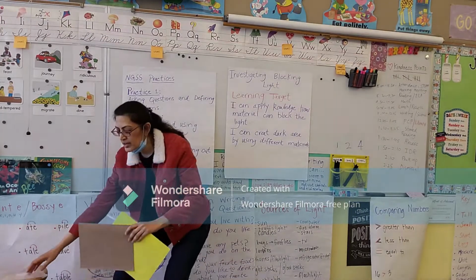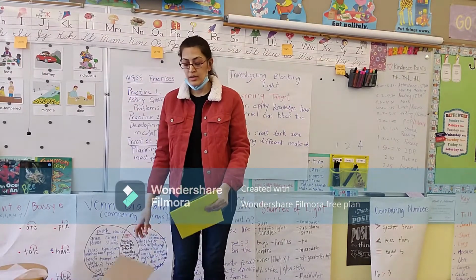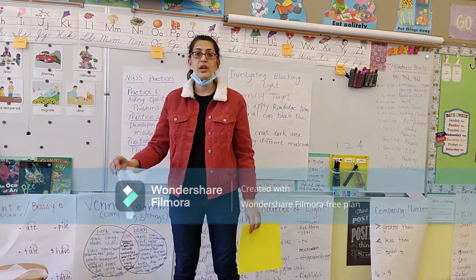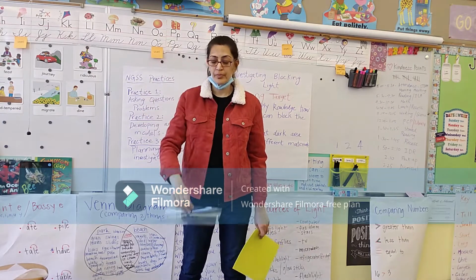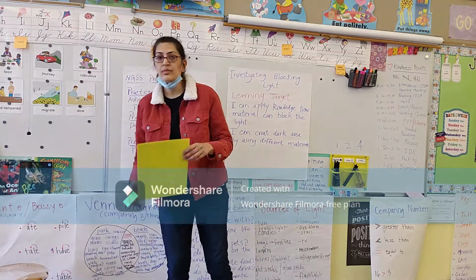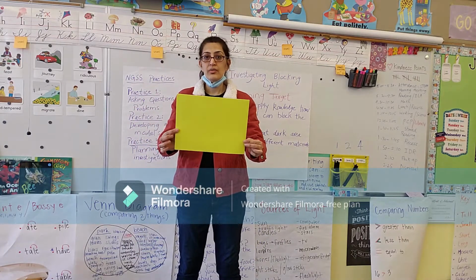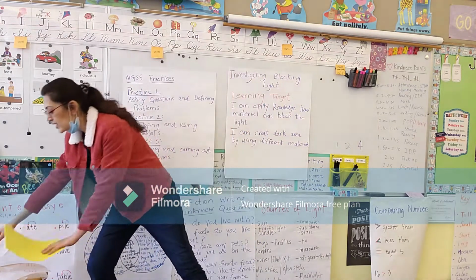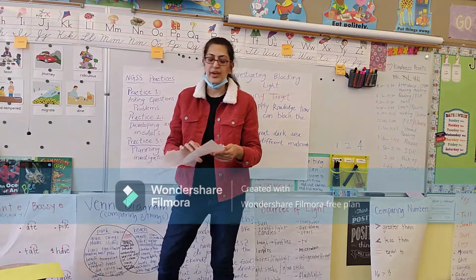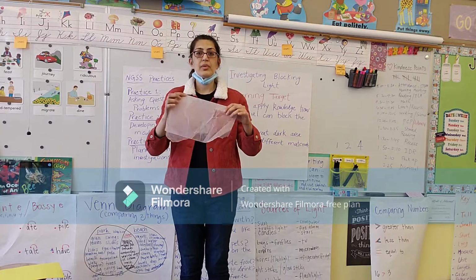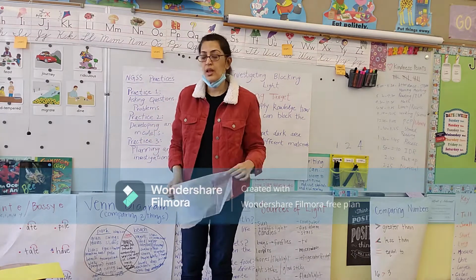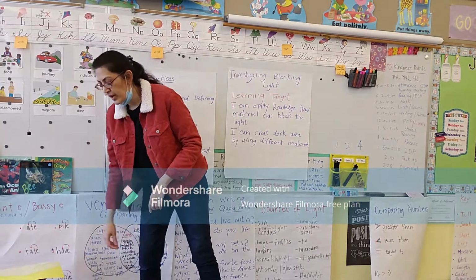The fourth one, we used the cardboard already, is the transparent material. And the next one is the wax paper. We will use the wax paper material also in our lesson.